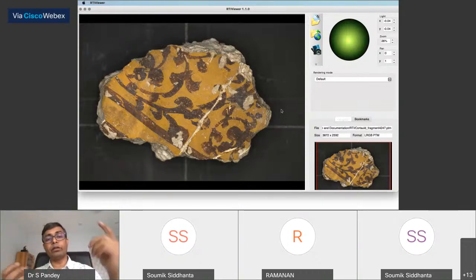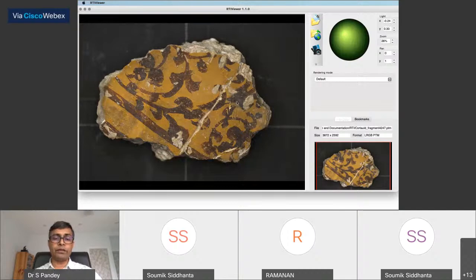Because those shiny balls give you the reflection, the software reads the light direction and angle from the reflection coming from those spheres and gives you that image. So once you build this RTI image, here is a trackpad. You can rotate your light direction. And if you notice it here, let me zoom in here a little bit. Zooming is a little difficult.